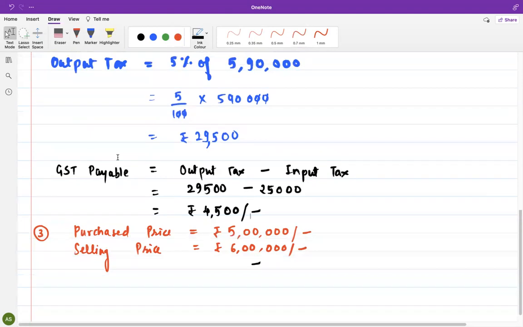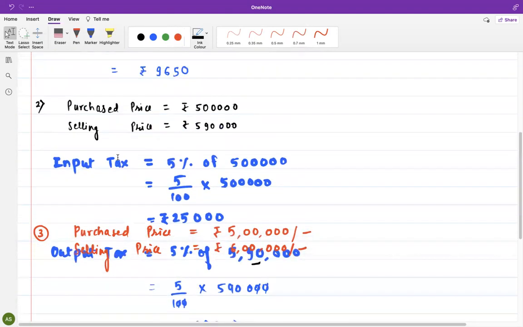So the first thing we will do, the way we did the first one, is the input tax.